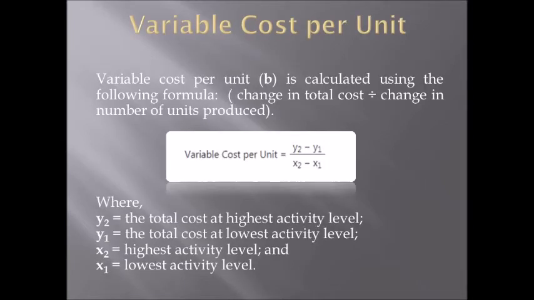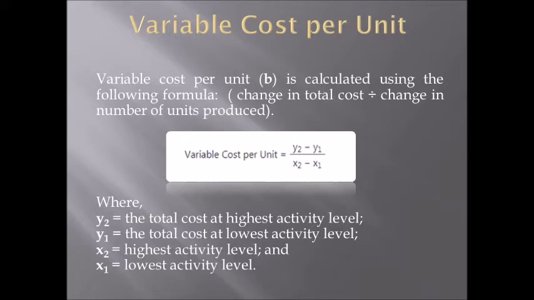Variable cost per unit, which is the slope, is calculated by using the following formula: changes in total cost divided by changes in number of units produced or level of activity. So variable cost per unit equals y2 minus y1 over x2 minus x1.